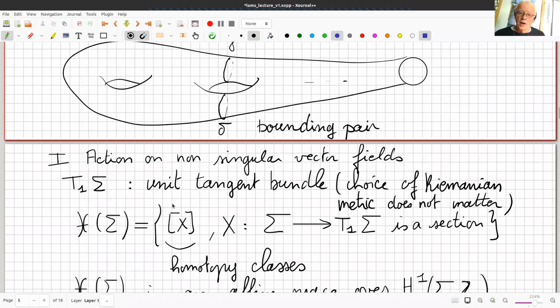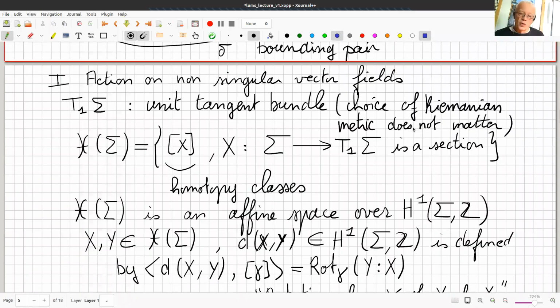Okay, now we start with a non-singular vector field. And I use a Riemannian metric for convenience, but we could avoid this. So in particular, what we will do really doesn't depend on the choice of the Riemannian metric. So then we have a unit tangent bundle.